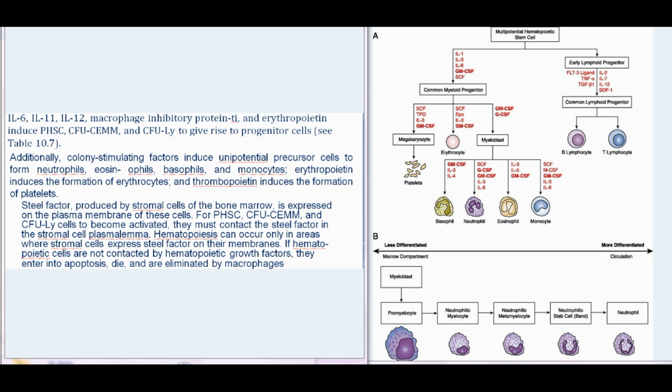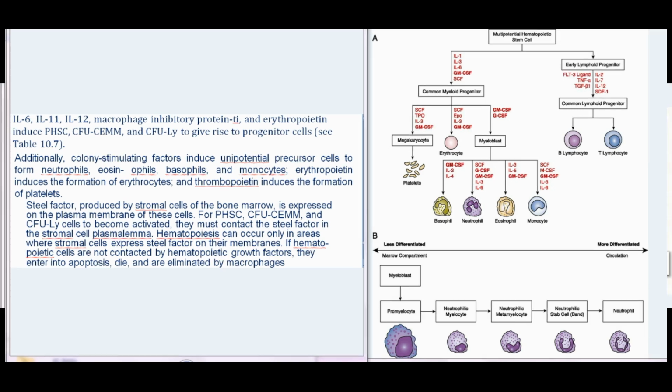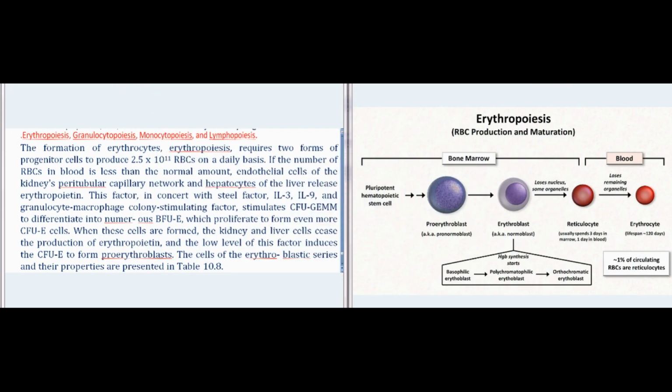For PHSC, CFU-GEMM, and CFU-Ly cells to become activated, they must contact the steel factor in the stromal cell plasmalemma. Hematopoiesis can occur only in areas where stromal cells express steel factor on their membranes. If hematopoietic cells are not contacted by hematopoietic growth factors, they enter into apoptosis, die, and are eliminated by macrophages.